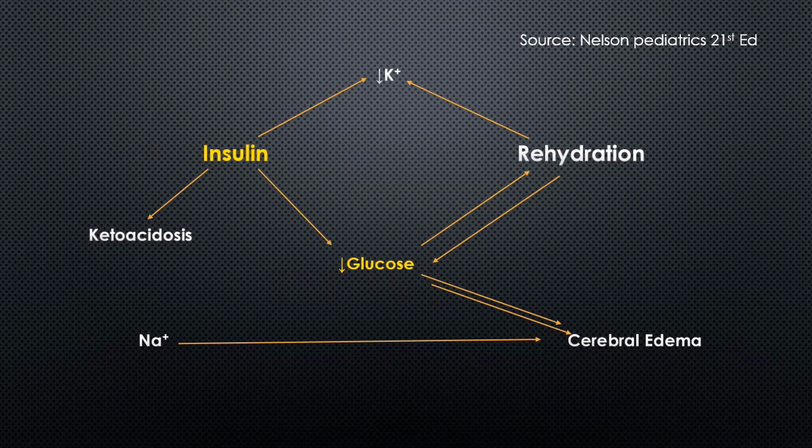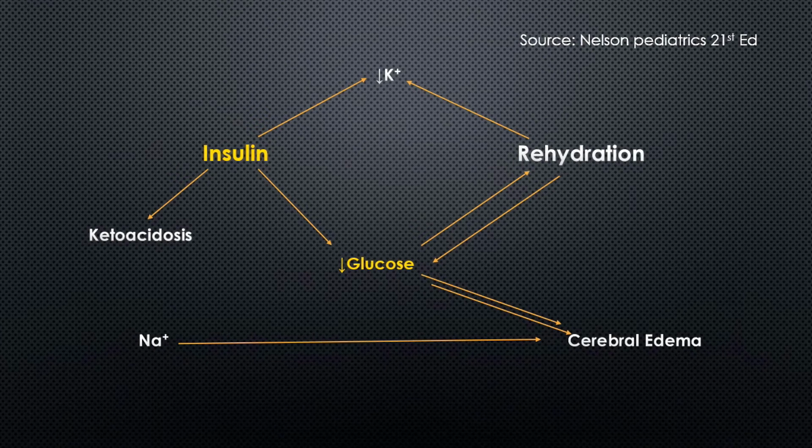The ultimate aim of giving insulin is not only to decrease the glucose but also to inhibit ketogenesis, to improve ketoacidosis. So the insulin infusion can be titrated if there is persistent hypoglycemia less than 100 mg per deciliter in spite of D10% solution.